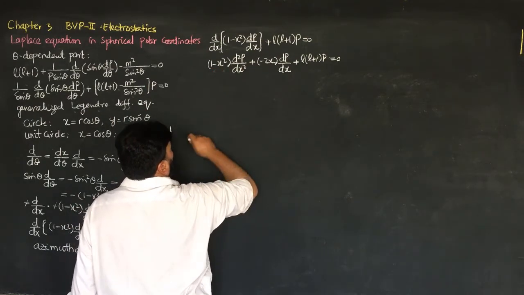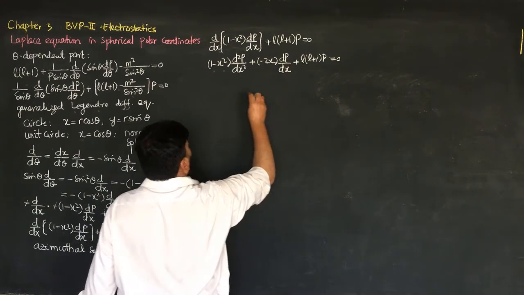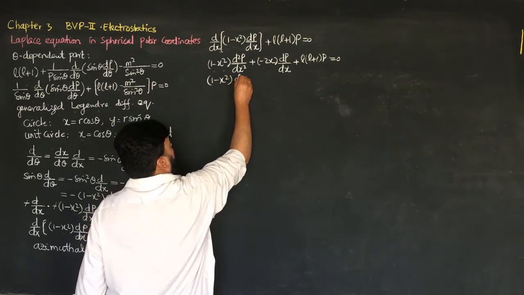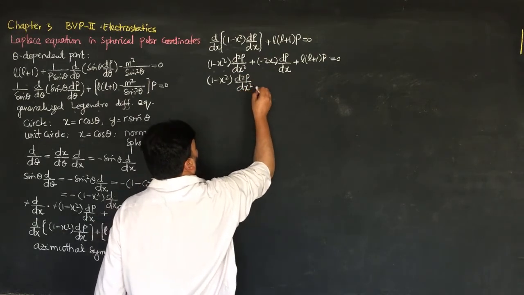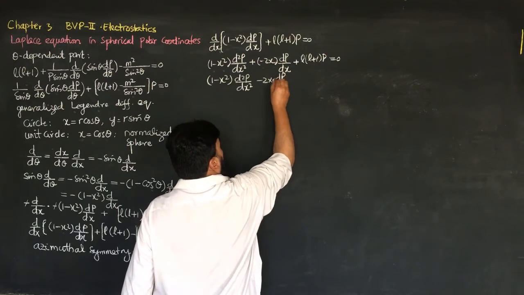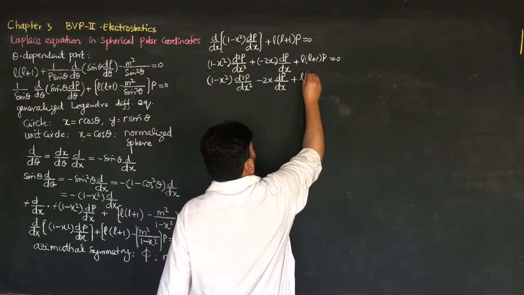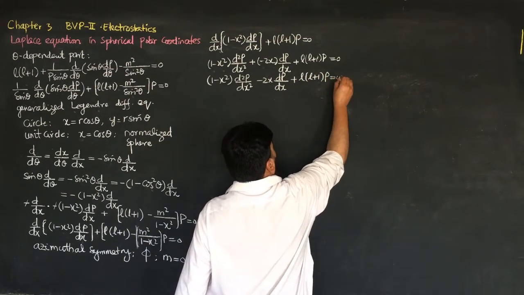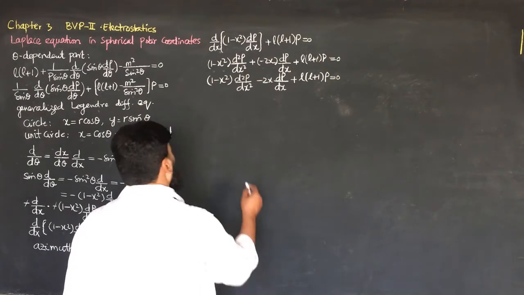So 1 minus x square d square P over dx square minus 2x dP over dx plus L into L plus 1 P is equal to 0. Now here we did some conversion.